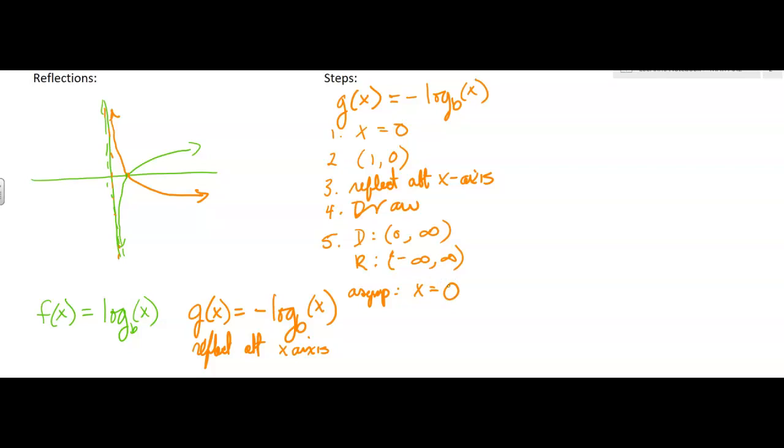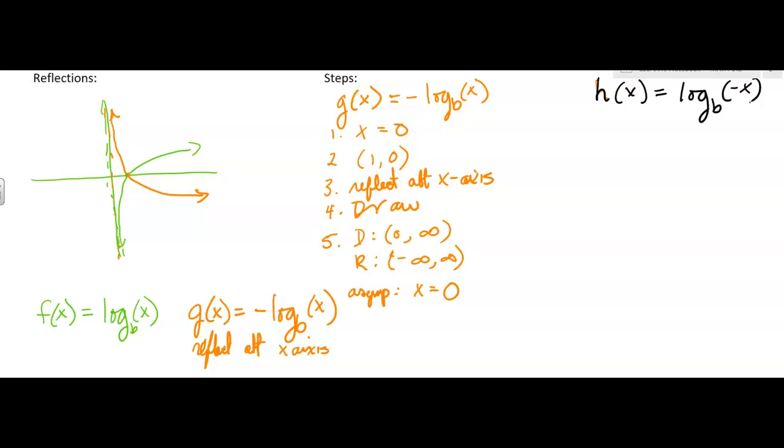Okay, so I'm going to put on the same chart the other one. So I'm going to do this in a different color. I'm going to say h of x equals log some base b, and then it's going to be the opposite of the argument. So the opposite of the x inside the parentheses there.